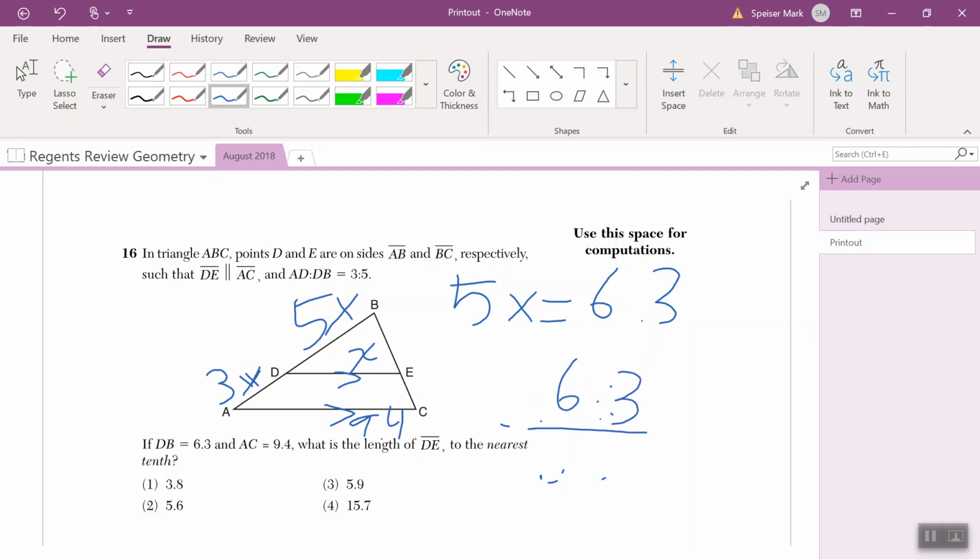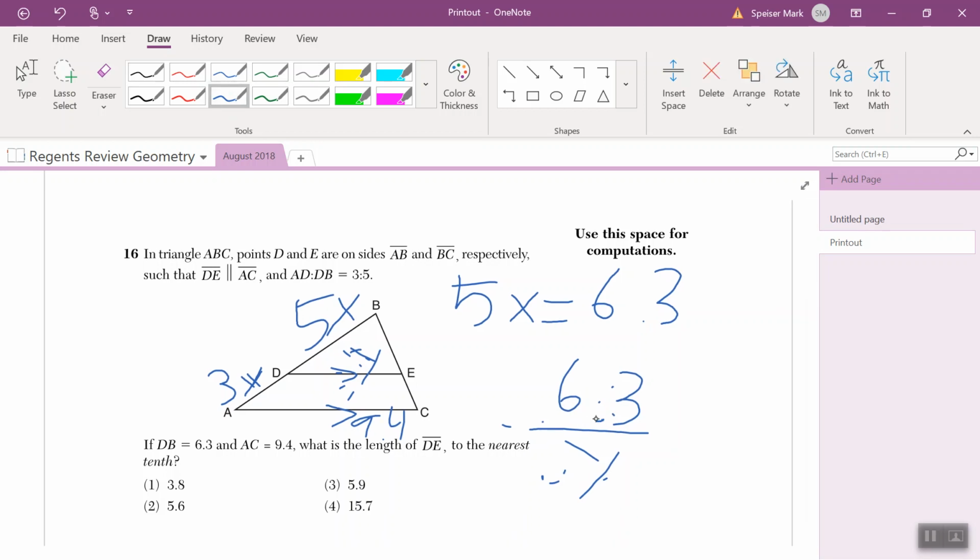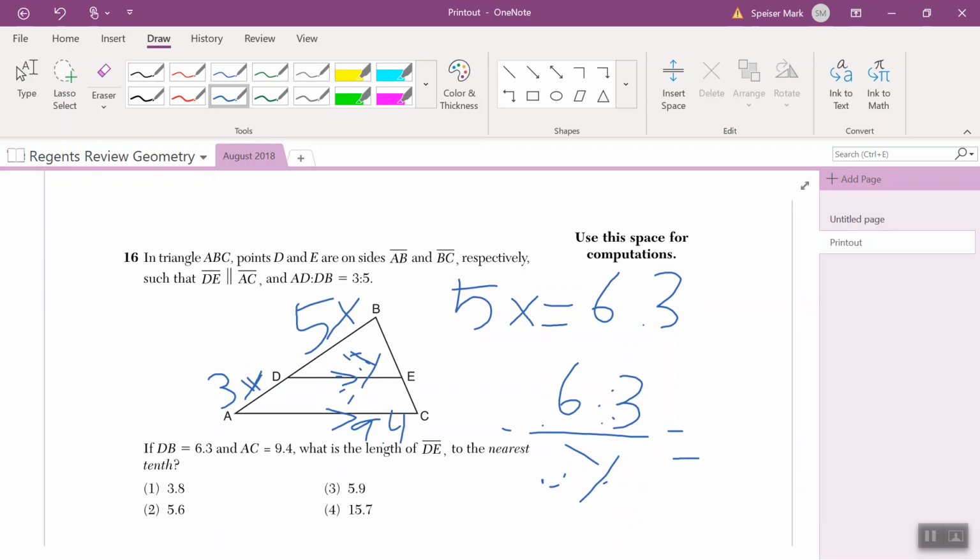If you want to find, we'll call that Y, since we have another x being used somewhere else. So 6.3 over Y equals the whole length, which is going to be 8x. So 6.3 divided by 5 is 1.26 to get the value of x. So x equals 1.26. So 8x, 8 times 1.26.